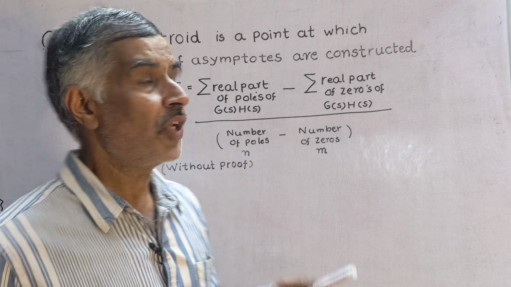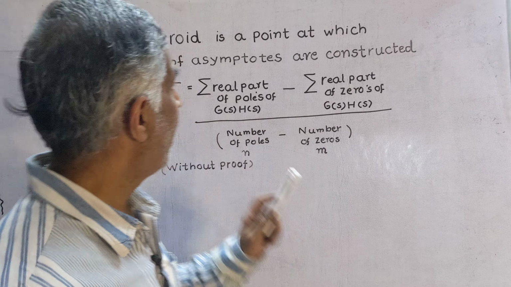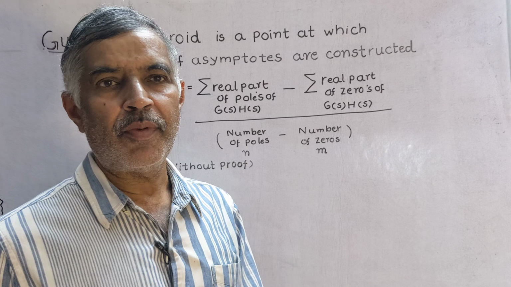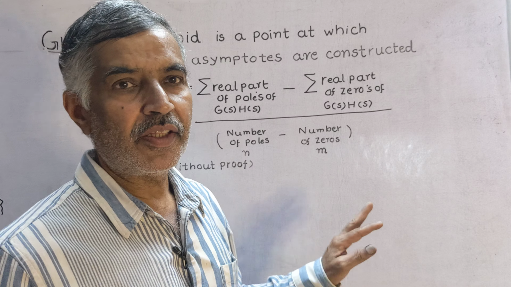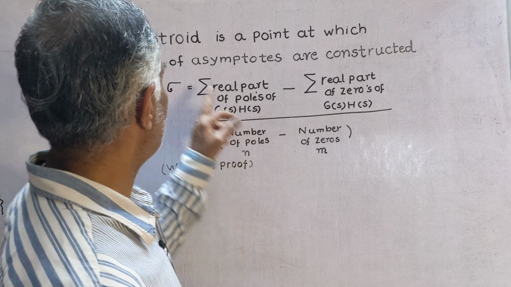That is centroid calculation. That is guide number 5. Now, for this guide, I am not giving you the proof. It is not required. And I am stating the centroid calculation.